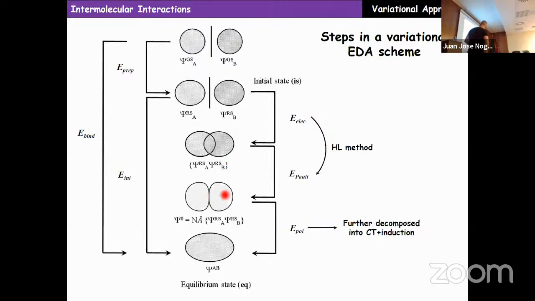What we can do is, from this step to this one, allow orbital relaxation but without transfer of electrons from the occupied orbitals of A to the virtual orbitals of B, and from occupied orbitals of B to unoccupied orbitals of A. So we avoid the charge transfer. If we avoid the charge transfer, what we obtain is the polarization energy free of charge transfer.